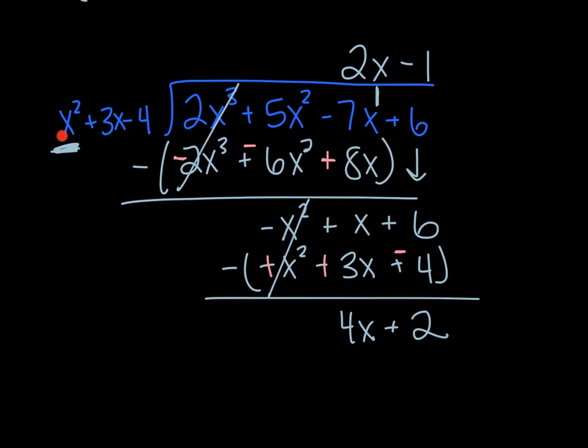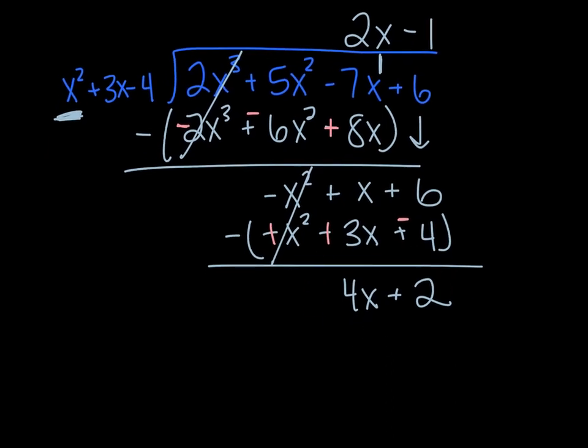Now, how many times does x squared go into 4x? Well, it doesn't. Nothing times x squared will give us 4x, so this is our remainder. So using the format we used for the last example, we want to write our answer as 2x minus 1 plus our remainder. So our remainder is 4x plus 2, divided by the term we started with, so x squared plus 3x minus 4.